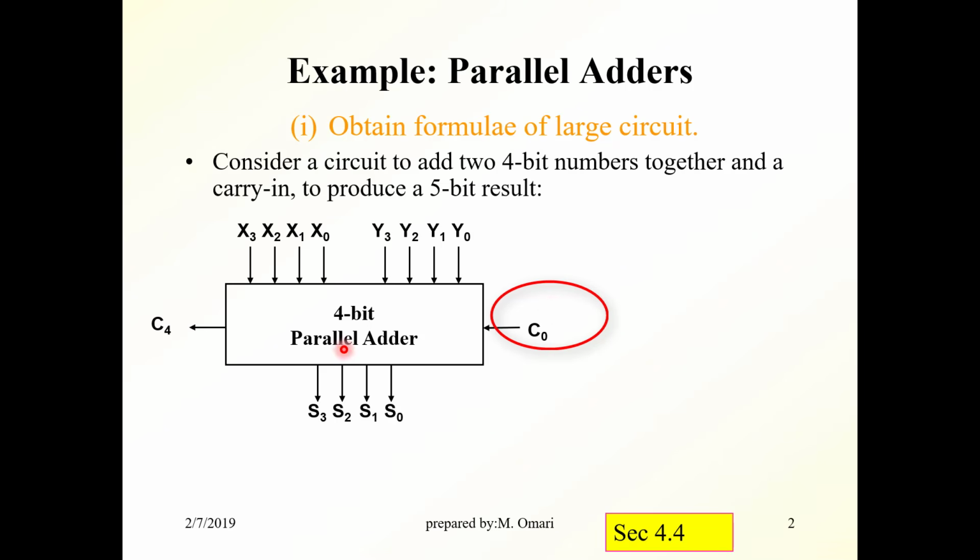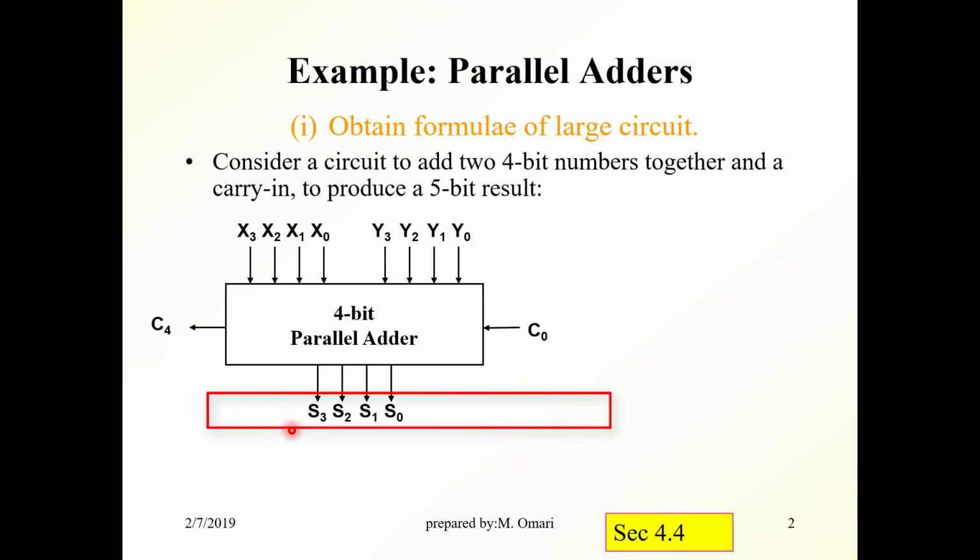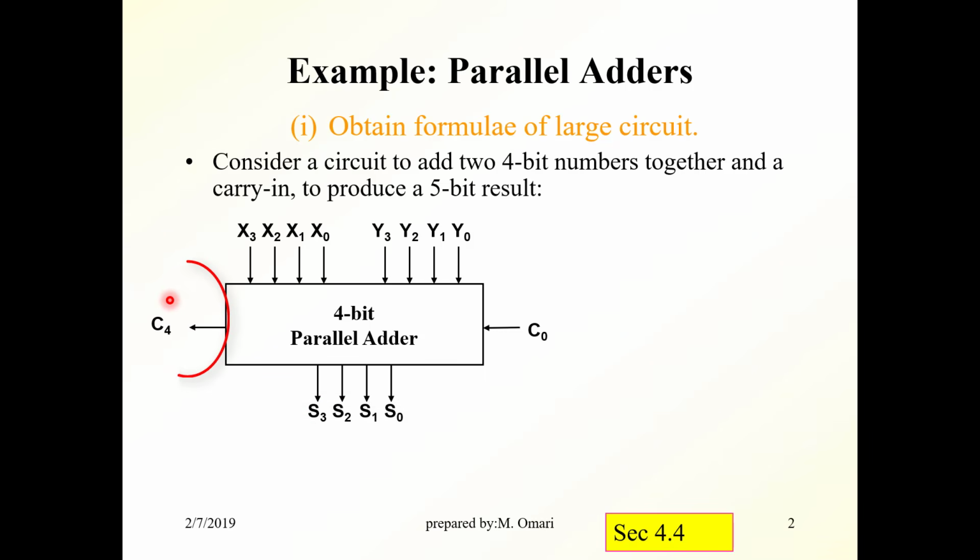This circuit will add X and Y and C0 together. Of course, this will result in a sum of 5 bits: S as the sum of 4 bits and the final carry, which is C4.